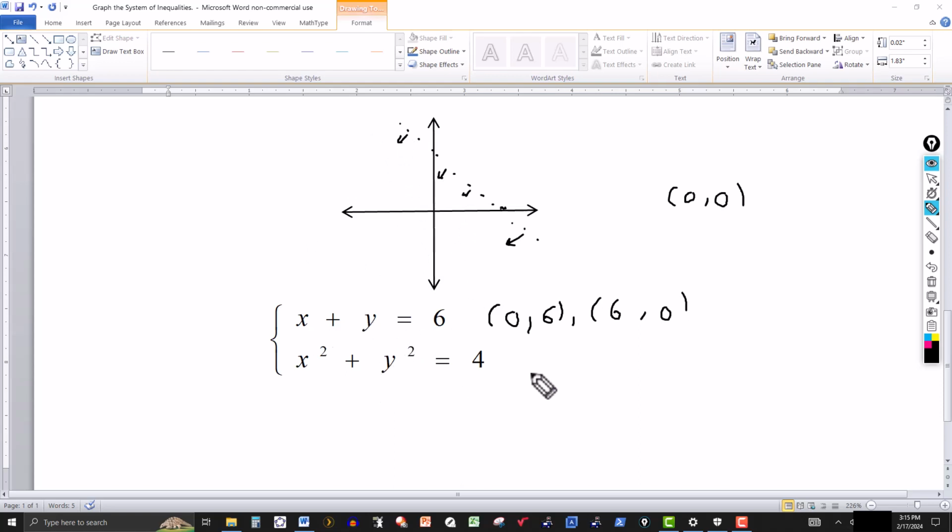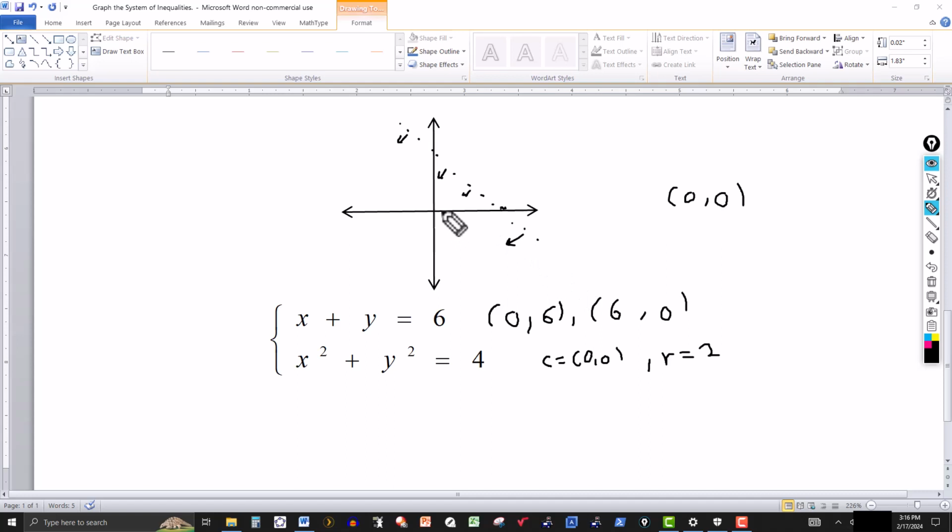Now for the second one, the inequality was x squared plus y squared less than or equal to 4. So we made it into an equation to get the boundary. And x squared plus y squared is a circle. The center is at the origin, (0, 0), and this is r squared here. So the center is at (0, 0), and the radius, in this case, would be the square root of 4, which is 2.